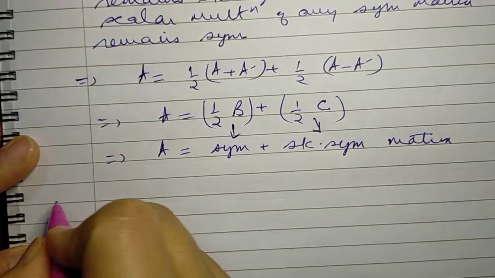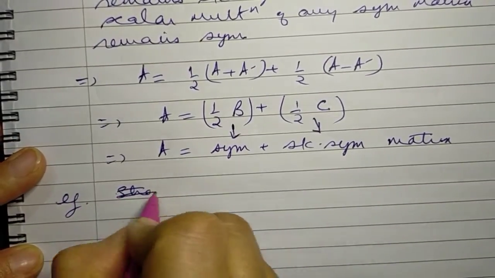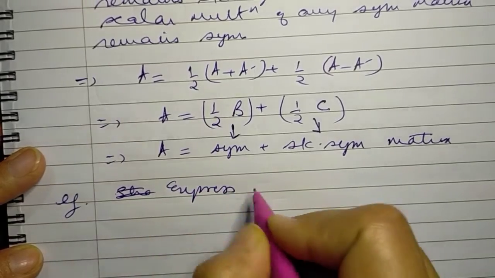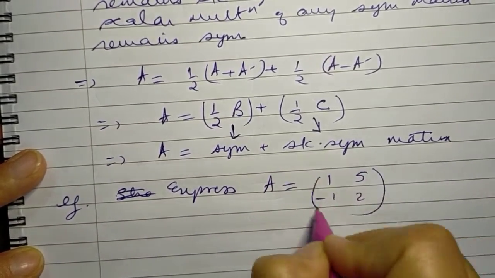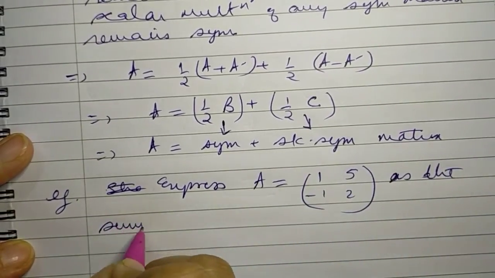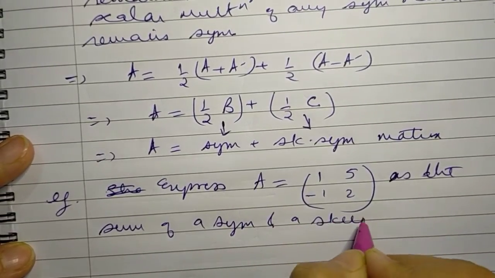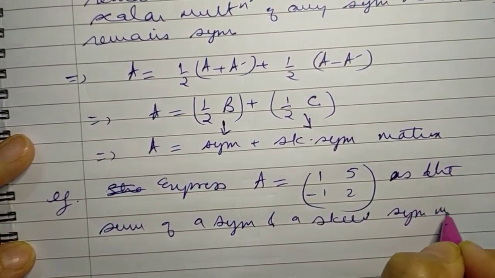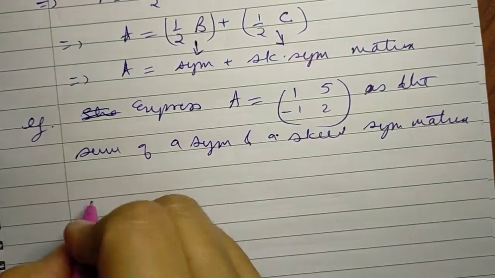Let's say the question would be: express A equal to 1 5 minus 1 2 as the sum of a symmetric and a skew symmetric matrix. Suppose a question is like this. So what will we write?